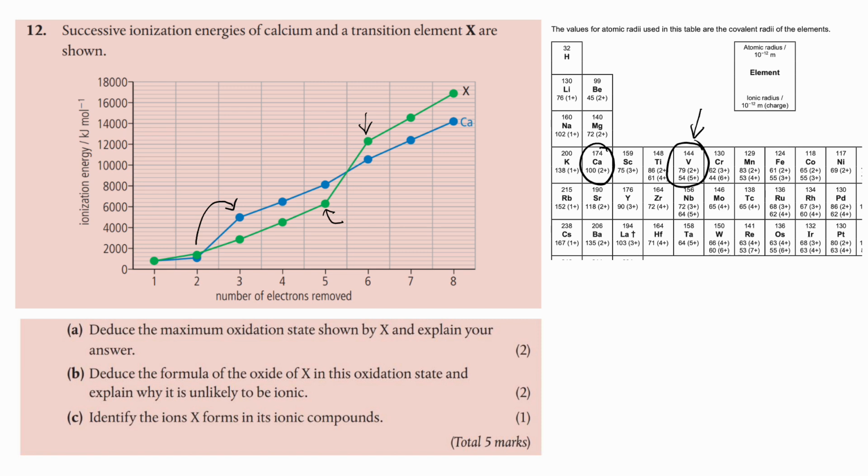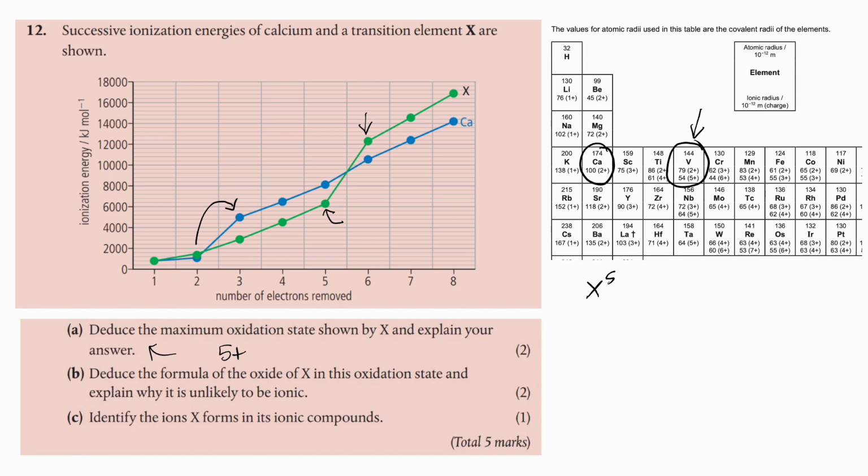So that can mean that our maximum oxidation state for X would be a positive 5 because of that large jump in ionization energy. Now then B says to deduce a formula of an oxide of X in this oxidation state and explain why it's unlikely to be ionic.